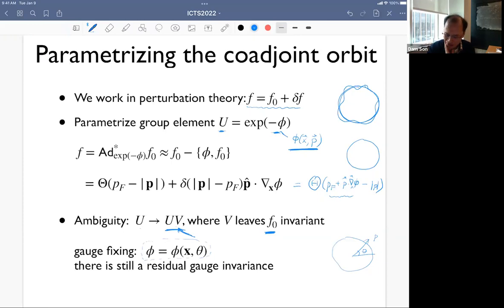So this phi can be restricted to a function of x and the angle alone. And there is still a residual gauge invariance: one has to require that the theory is invariant under this residual gauge transformation.